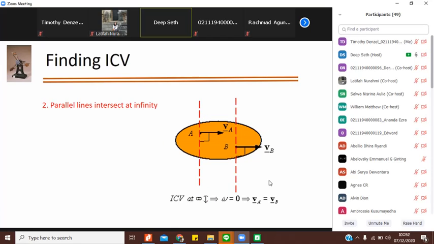Now, if you have a case where parallel lines are intersecting at infinity, this body is there, but it is not rotating, it's sliding. One example for this we can consider: let's say you have a plane and on that you have a block. Okay. And this block is going in this direction.